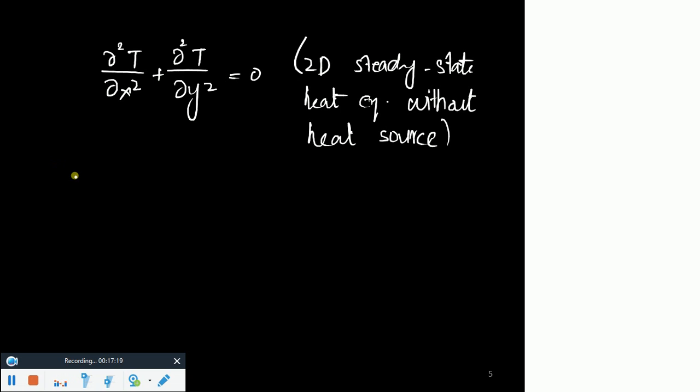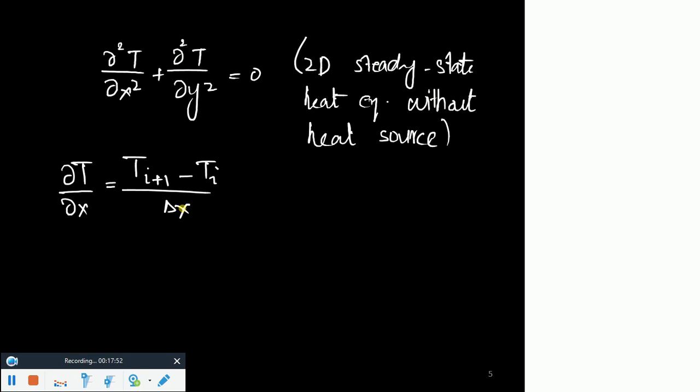Now, if you remember, I would not go into the mathematical details, I would just give you a small hint. For example, if I ask you how can I find out this value, partial t by partial x, I can write this as t(i+1) minus t(i) over delta x. You remember? T2 minus t1. So now I am using a generalized notation, t(i+1) minus t(i) divided by delta x. And what is the assumption behind this? I am assuming that I am talking about a uniform grid.